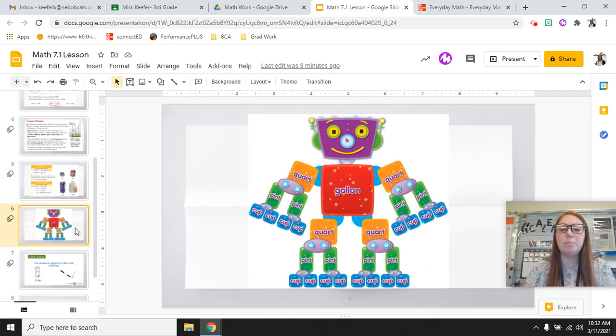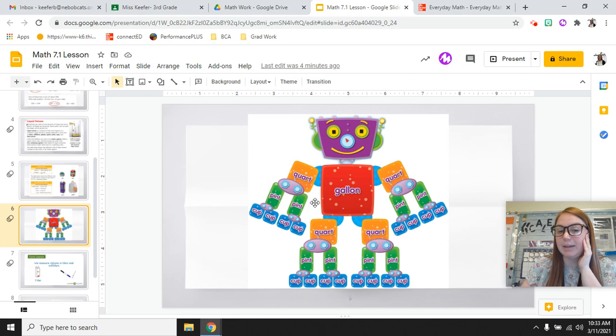One of the ways that they help you remember is the gallon man, showing that the gallon is the biggest, and inside 1 gallon is 4 quarts. Inside 1 quart is 2 pints, and inside 1 pint is 2 cups. It shows this breakdown, because then you could also look, well, if a quart is 2 pints, a quart could also be 4 cups.